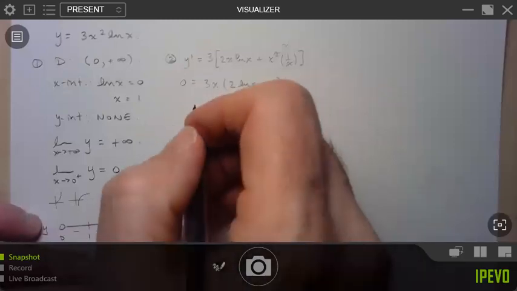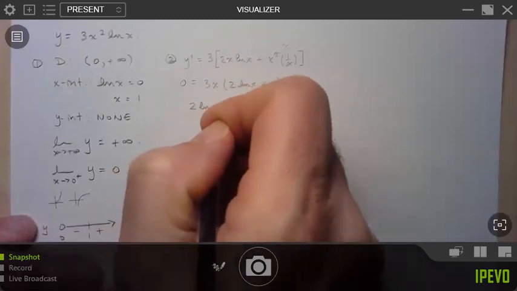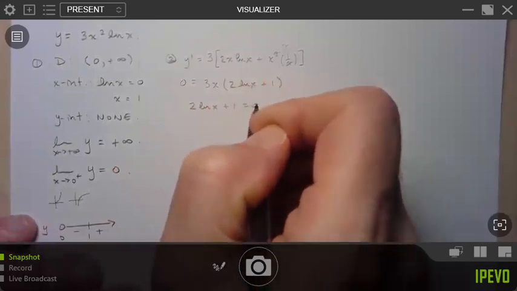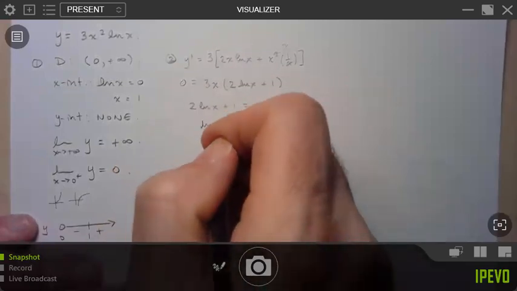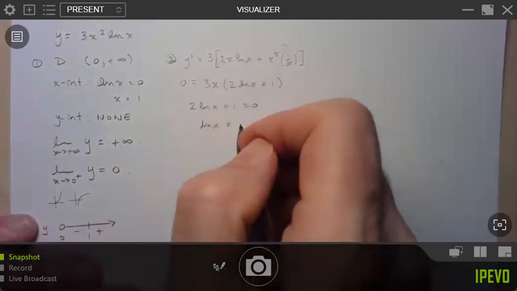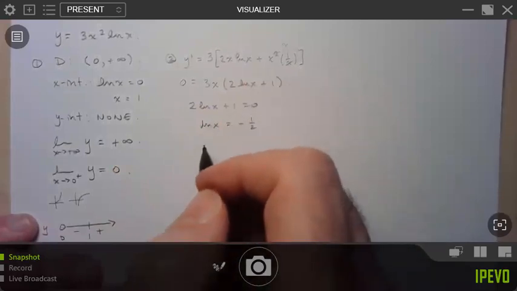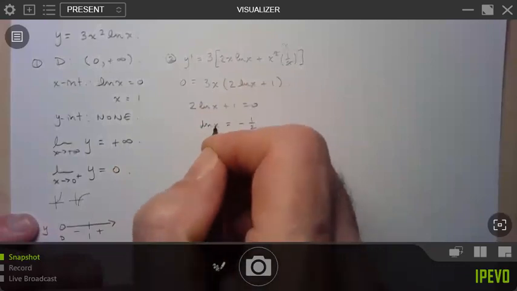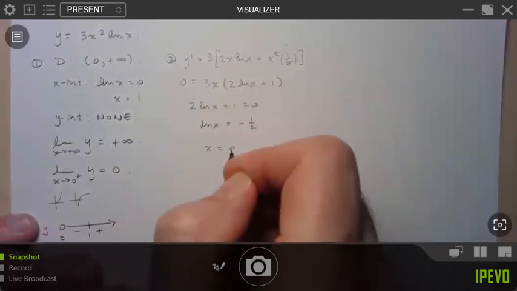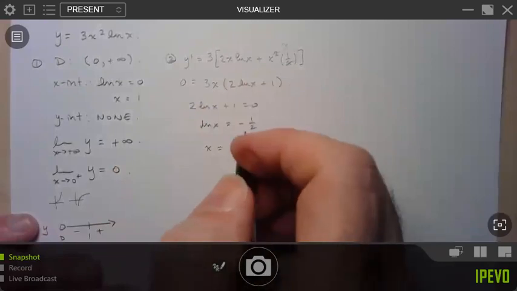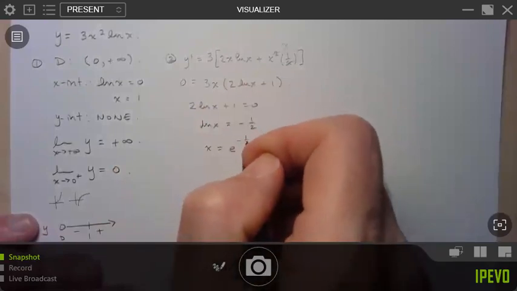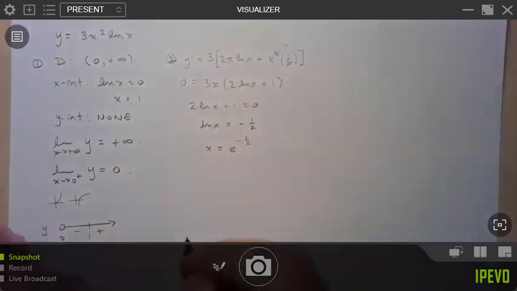So the only other thing I have to consider here is when 2 ln x plus 1 is equal to 0. And so I'm just going to solve this. Ln x is equal to negative 1/2. And now turn it into exponential form. So x, the result, is equal to the base e to the exponent of negative 1/2. Okay.